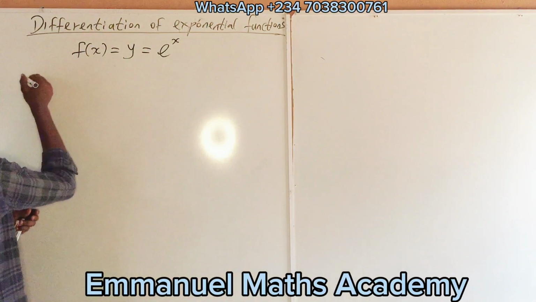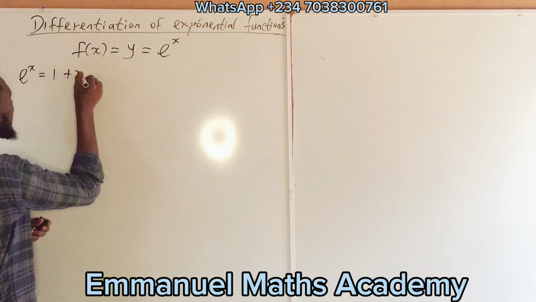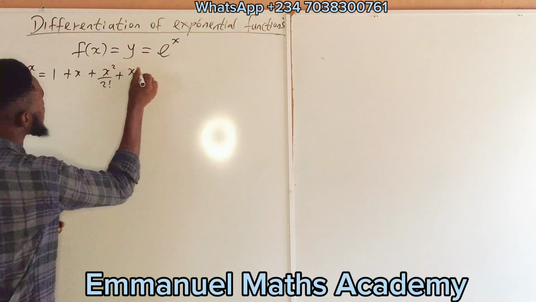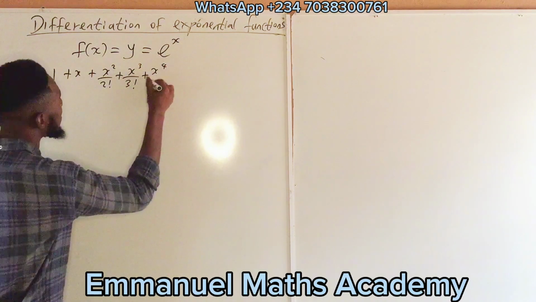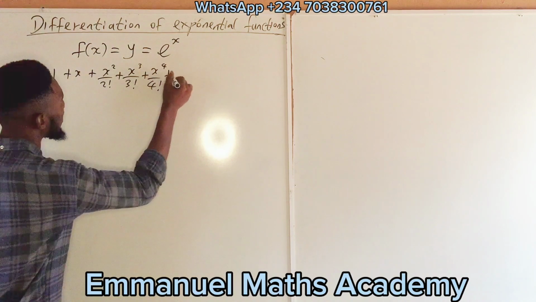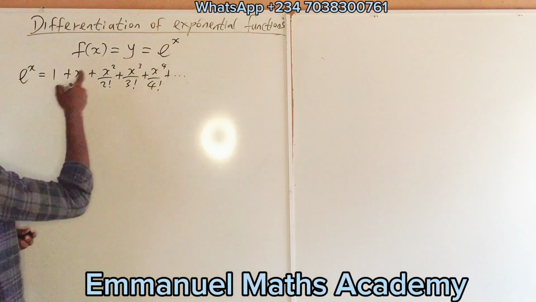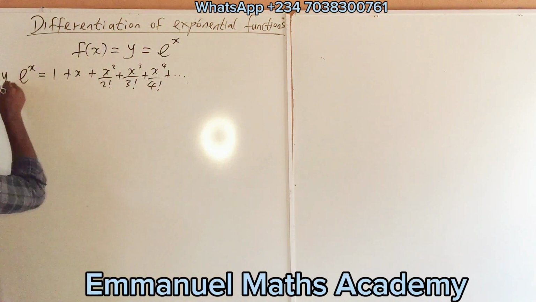Then we say that in series expansion, exponential x is equal to 1 plus x power 2 over 2 factorial plus x power 3 over 3 factorial plus x power 4 over 4 factorial plus, and it continues, right? Now, let's say y is equal to this.